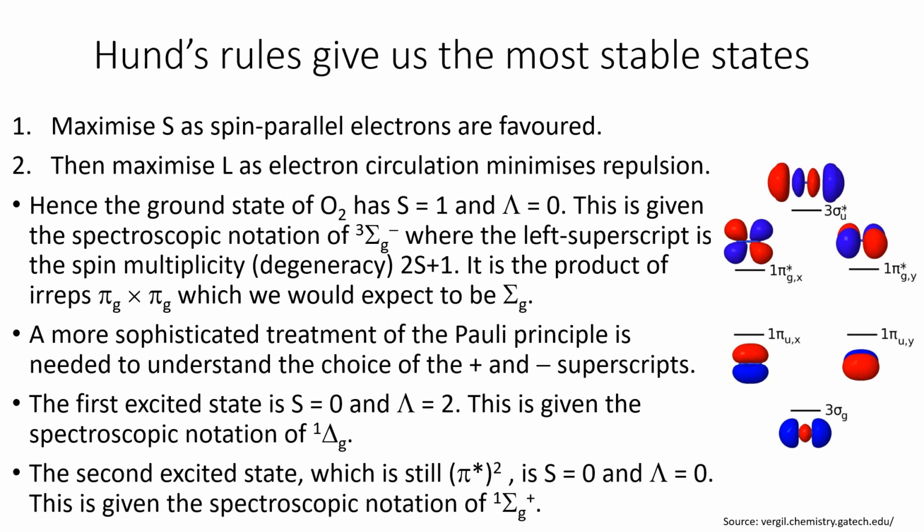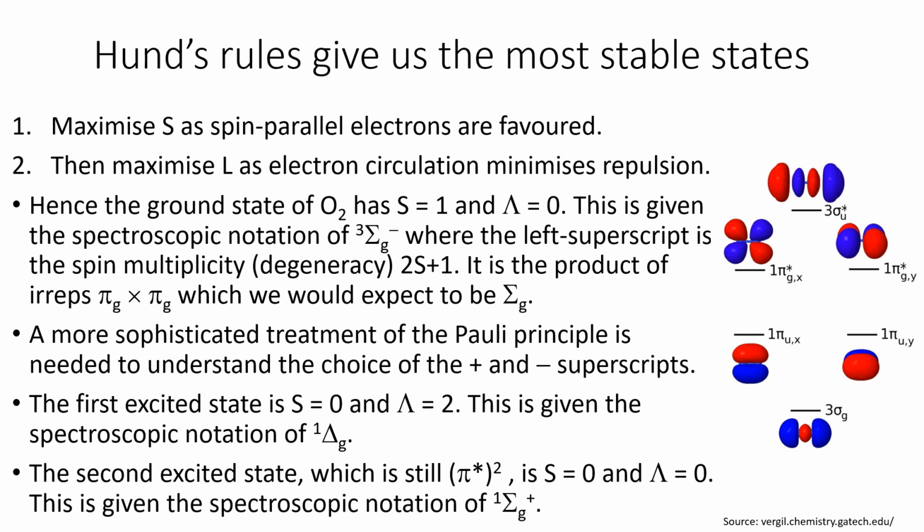And then the second excited state. Remember this is still pi star twice. This is the highest energy version that we saw, where the electrons are anti-parallel but in separate orbitals. So capital S is 0 and capital lambda is 0. This has to be a singlet state because S is 0, and the Greek letter is sigma, which corresponds to capital lambda being equal to 0. It was delta before because capital lambda was 2.